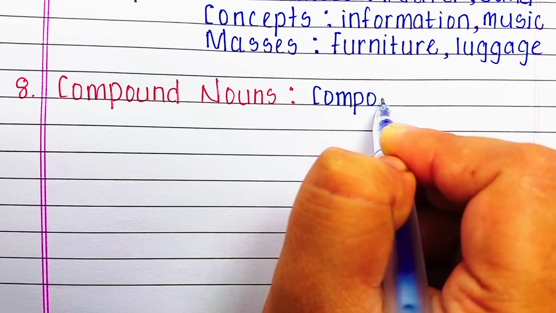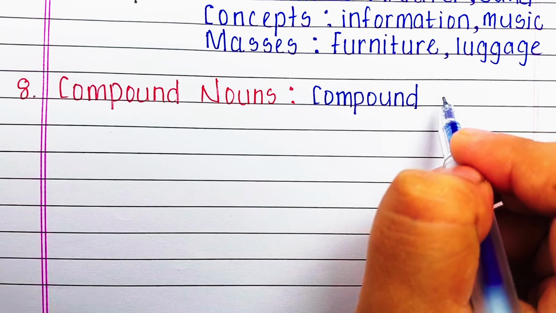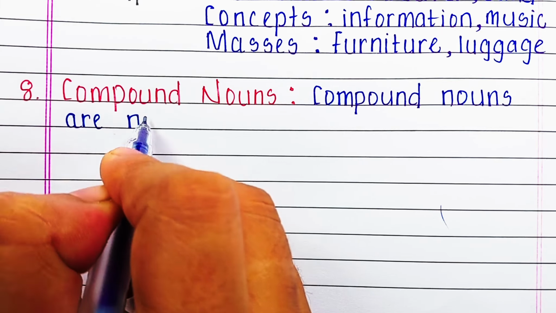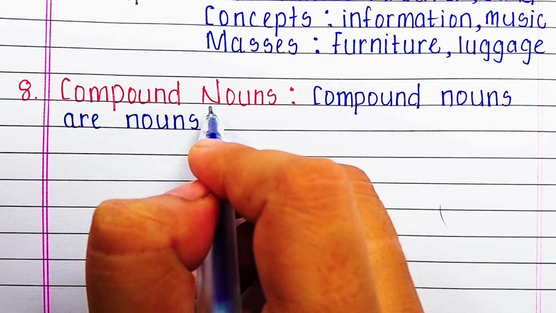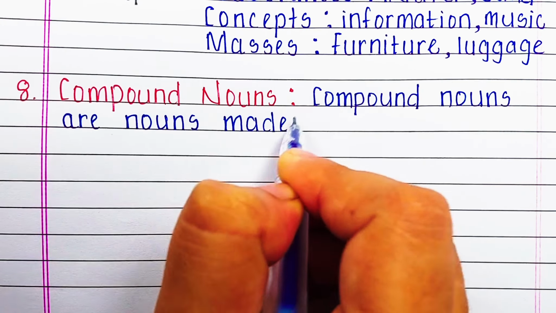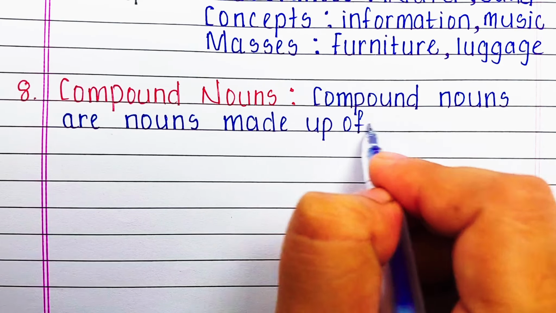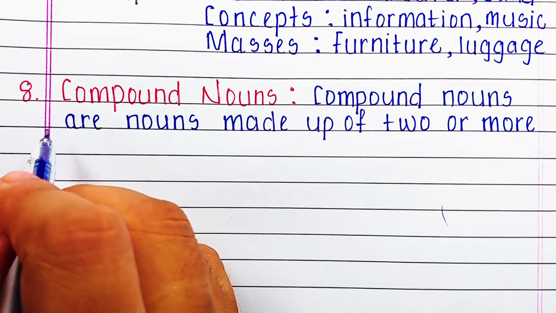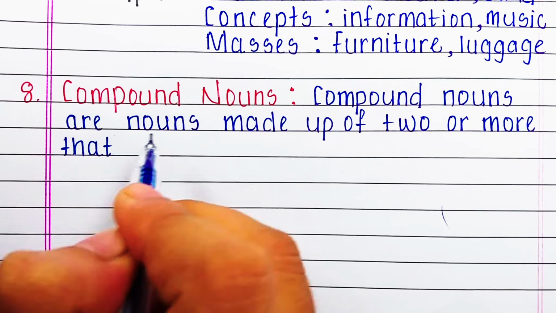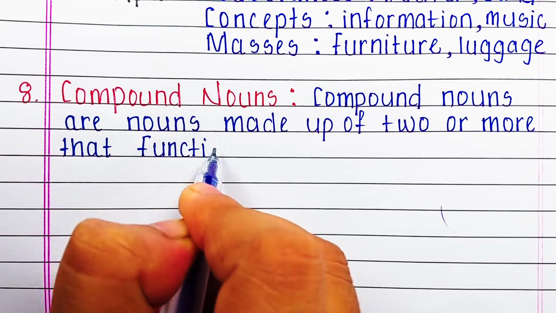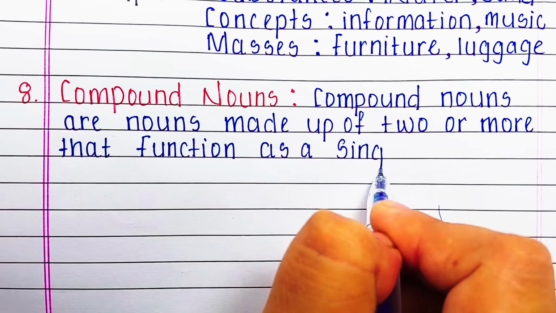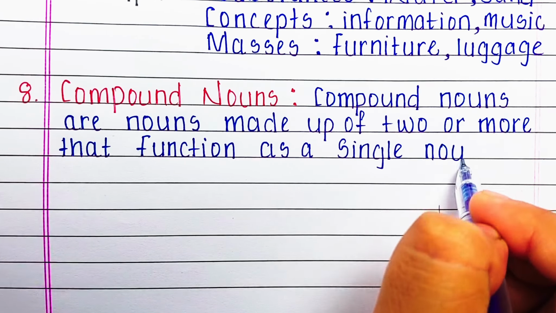The next type of noun in our list is compound nouns. Compound nouns are made up of two or more words that function as a single noun.